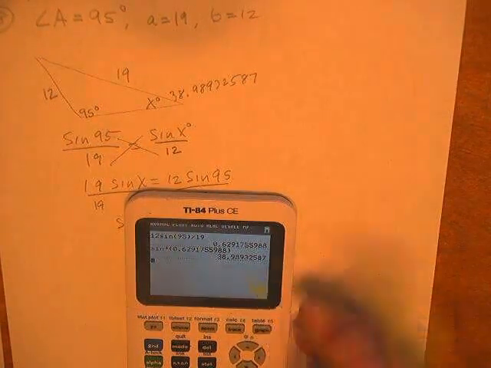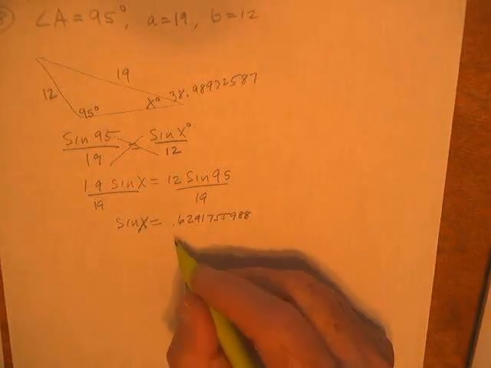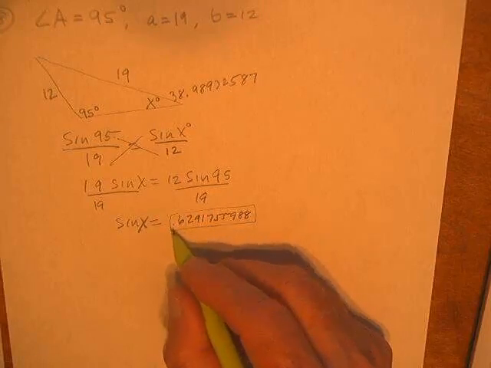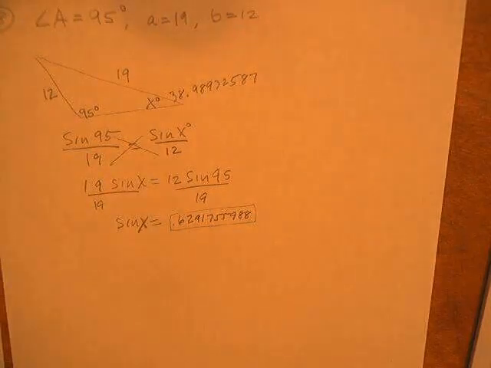Now, I got a real angle. Here's another safety tip. If this is ever bigger than 1, or smaller than -1, it doesn't exist. The sine has to be between 1 and -1. Okay, so we're pretty good on that one.